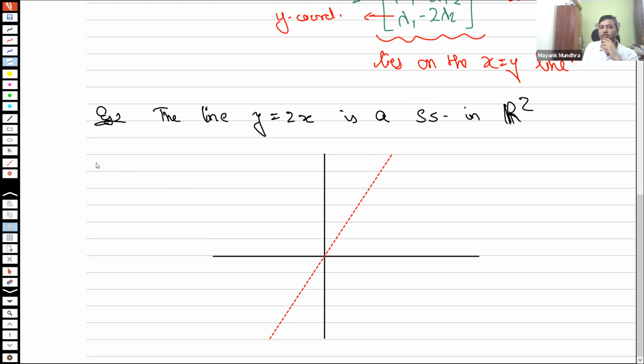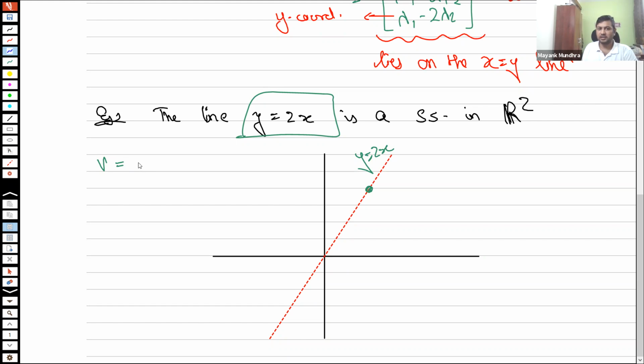So what is the standard form of any vector on this line? Along the line y equals 2x, what would be the vector form in matrix format?